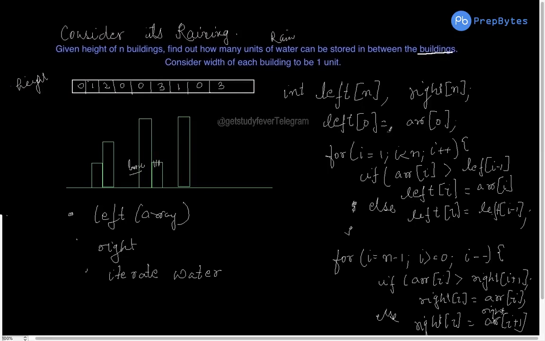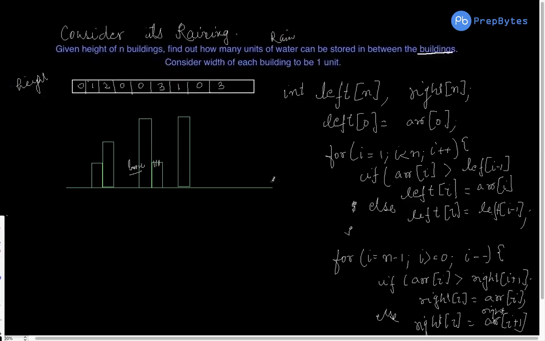So now I get my left array and the right array. Now we will write code to calculate the water amount. So I'll run a loop from i equal to 0 to n minus 1, i plus plus. Let's say I have a variable water which is initialized with 0.